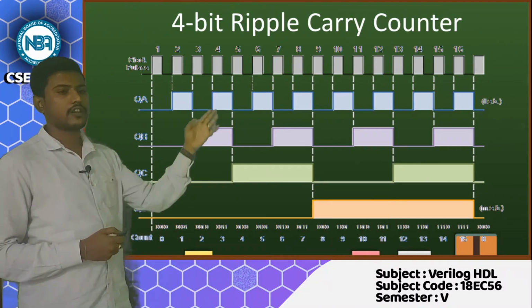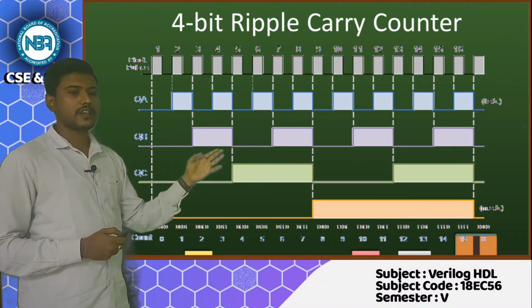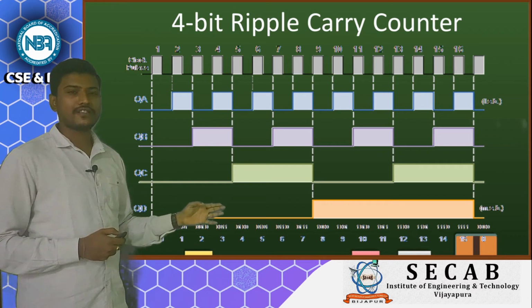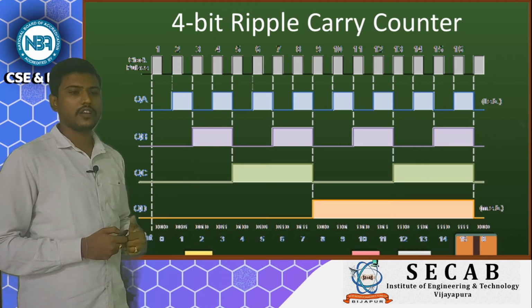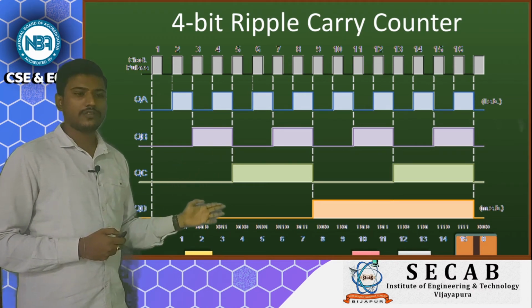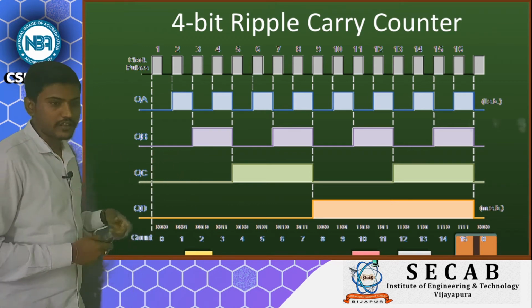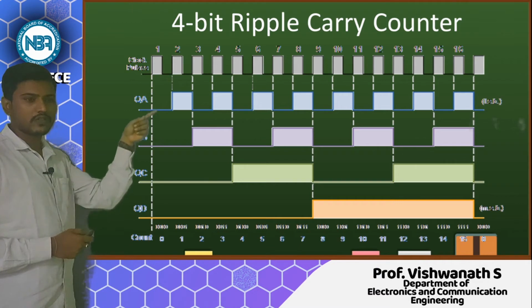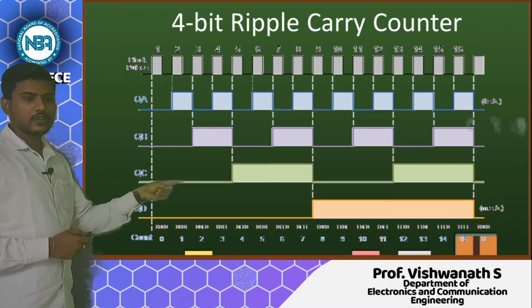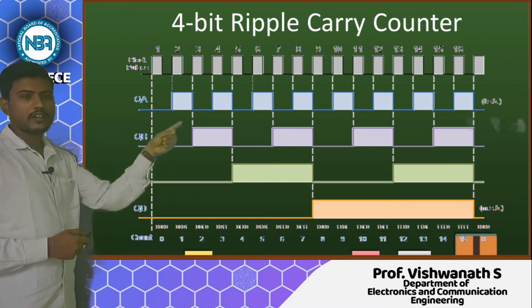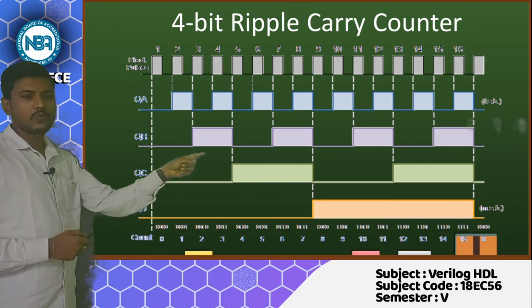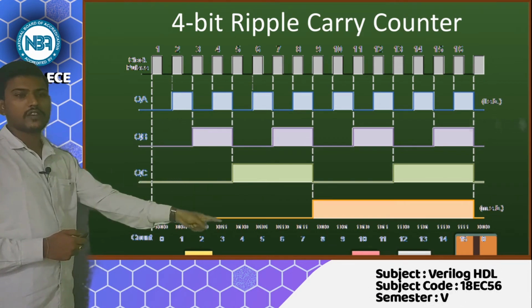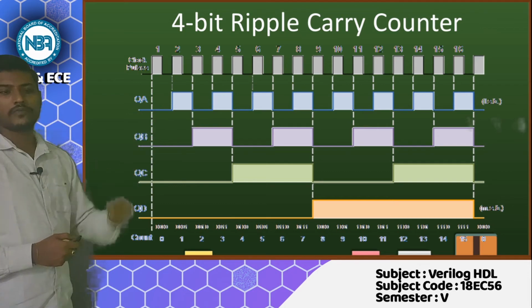Now, here you can observe all these flip flops are triggered only at the neg edge of the clock. Okay. So, at the neg edge of the clock all the flip flops are triggered, and you can see here the initial condition is 0 0 0 0, and at the next it is 0 0 0 1, then 0 0 1 0, 0 0 1 1, right.